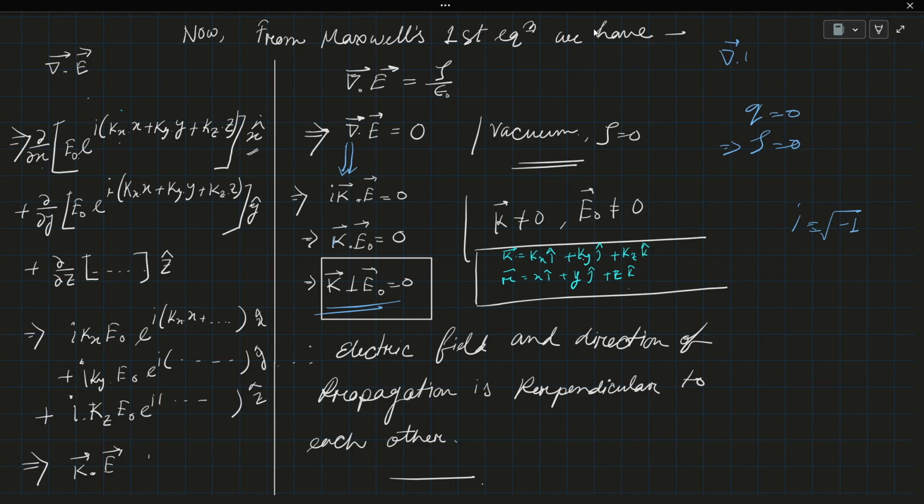Del dot E can be written as del x E vector i cap, and then plus del y E vector j cap, and then del z E vector z cap.